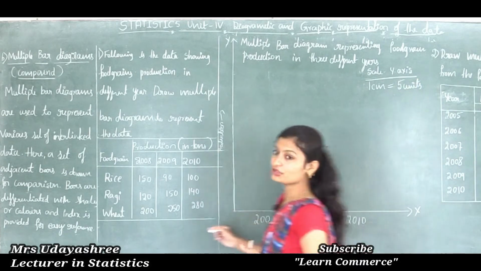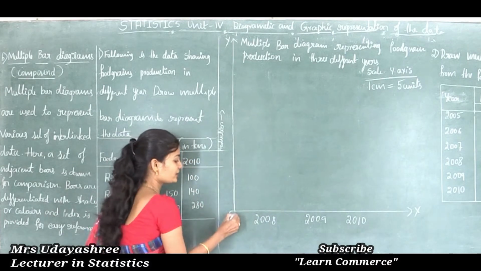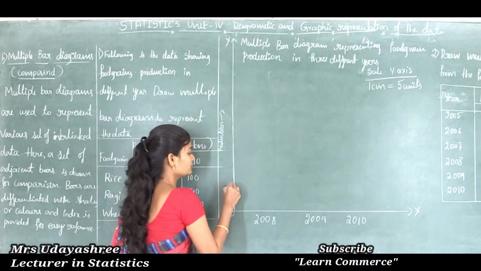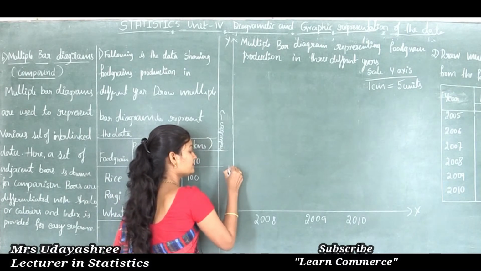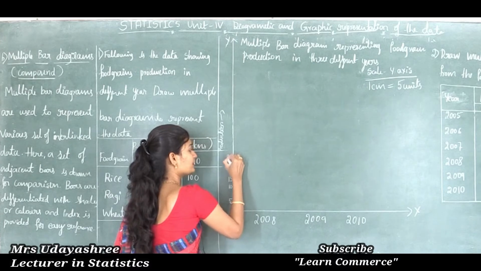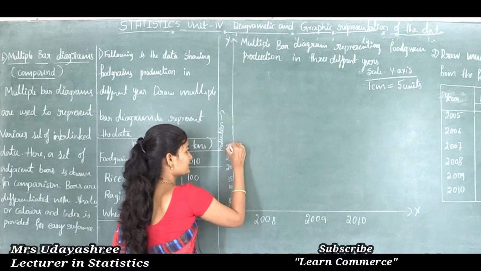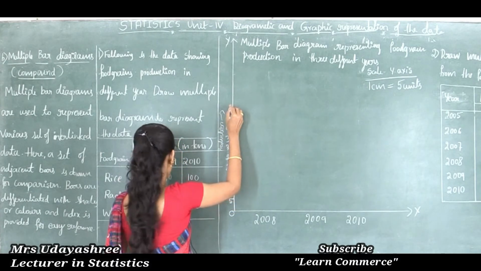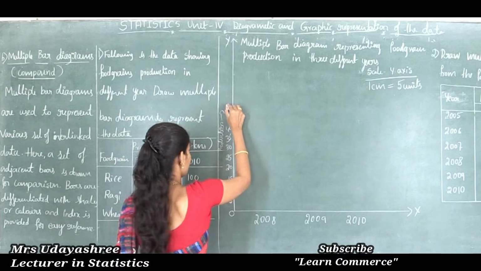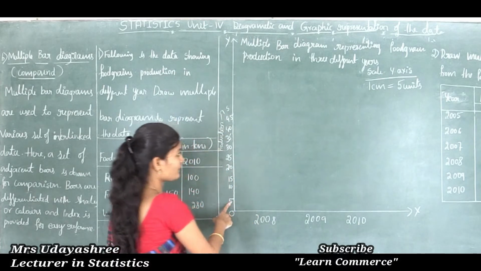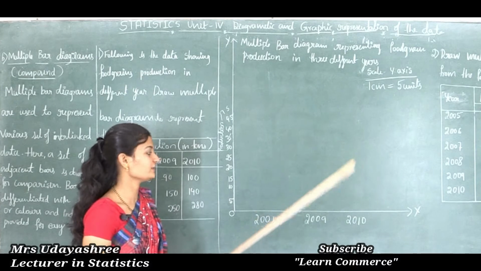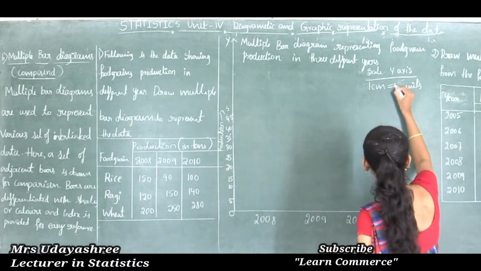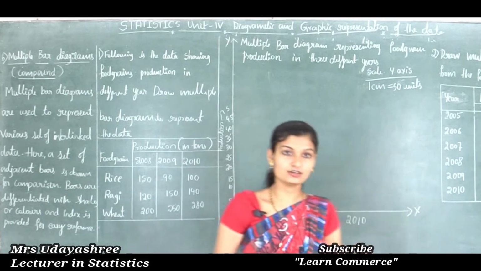We know that the origin starts from 0. Here 1 centimeter is equal to 5 units, therefore this starts from 5, 10, 15, 20, 25, 30, 35, 40, 45, 50. So 1 centimeter equal to 5 units is not enough. I will take 1 centimeter is equal to 50 units.